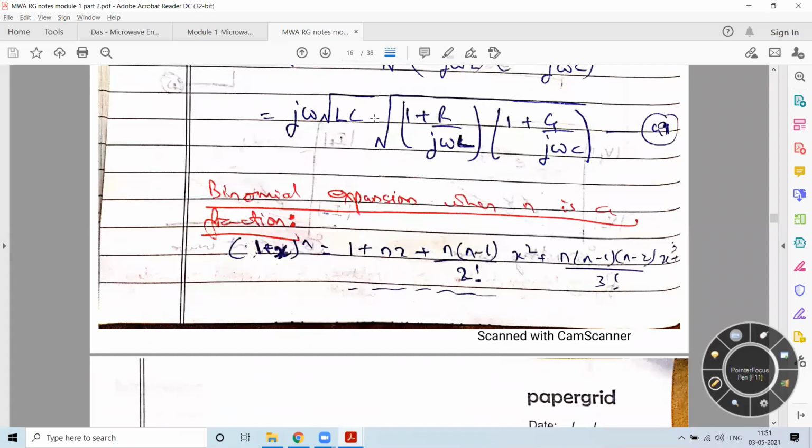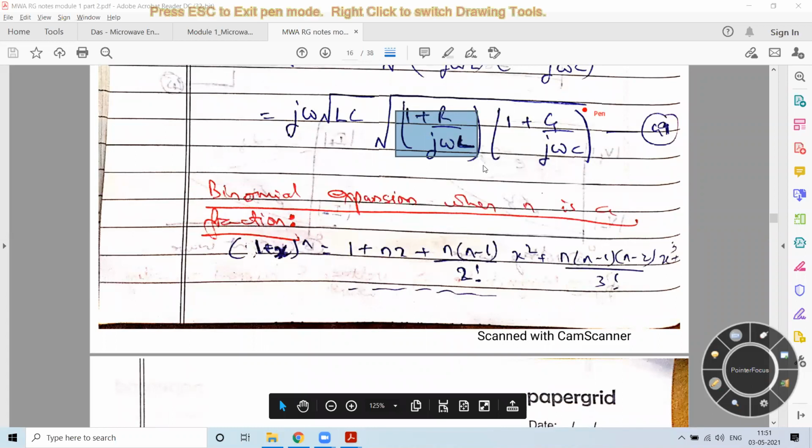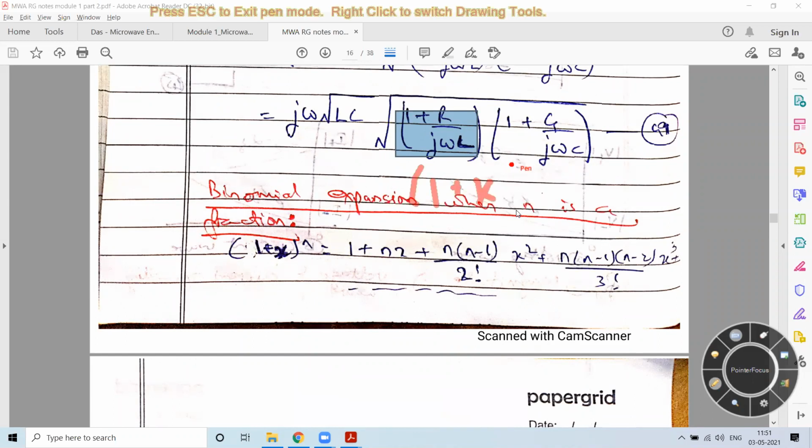So here we consider this equation, and when I simplify this one, it will be like 1 plus x raised to half. Sorry, I made a mistake in the previous part. The power you're considering is fractional, then I utilize this equation.